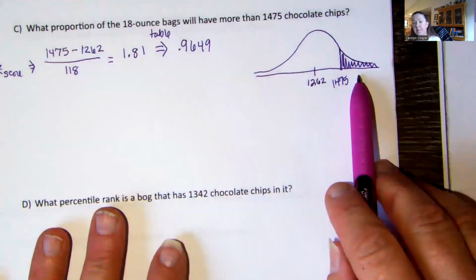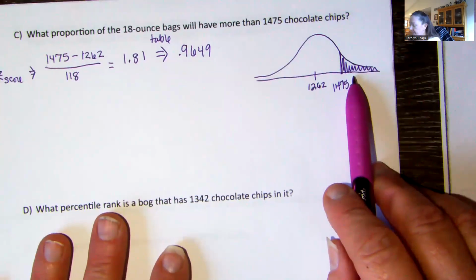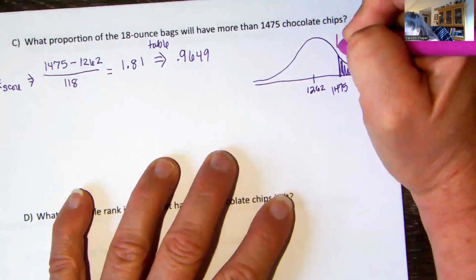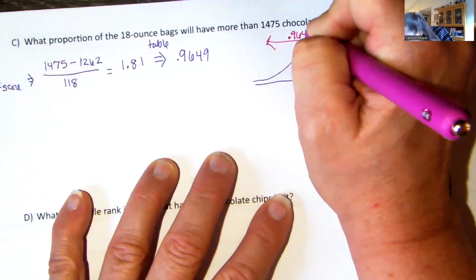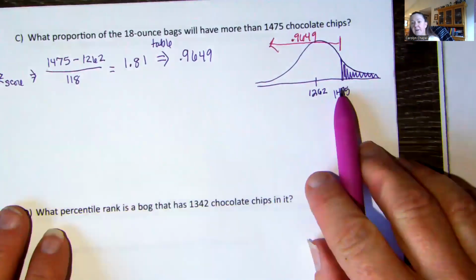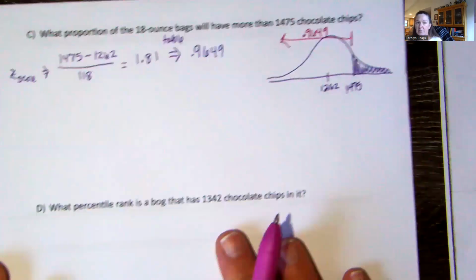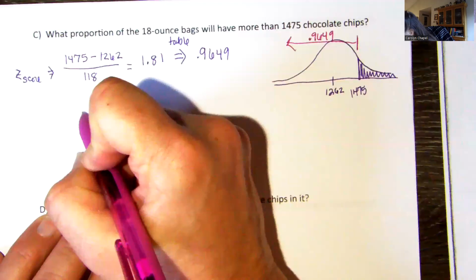Because first of all, I could look at my picture. Well, it's got to be less than half because I'm less than half of the graph. But the table, remember, gives us from here all the way down. So to find the area above, the thing we have to remember is the total area under the curve is 1.